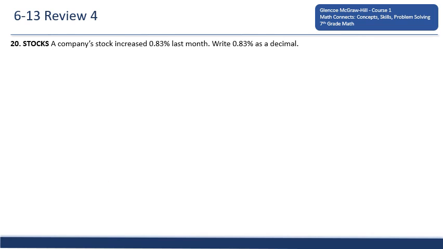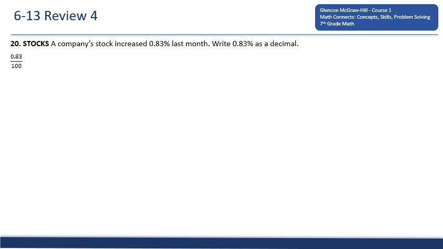Okay, number 20, stocks. The company's stock increased 0.83% last month. Write 0.83% as a decimal. So remember, if we want to change a percent to a decimal, we just divide the percent by 100. And this is relatively easy because it's not a fraction.